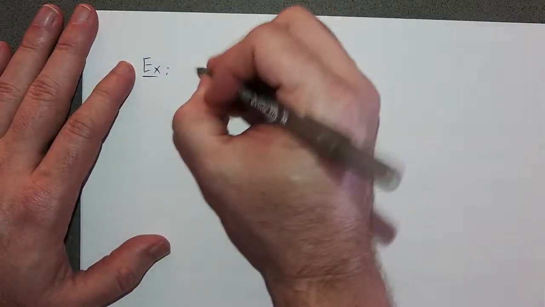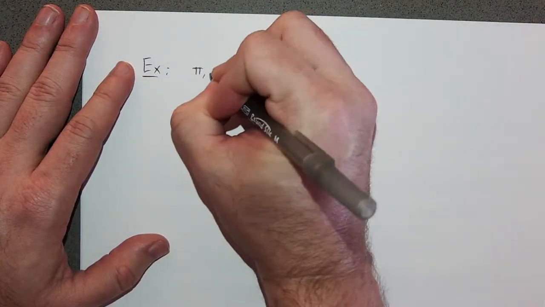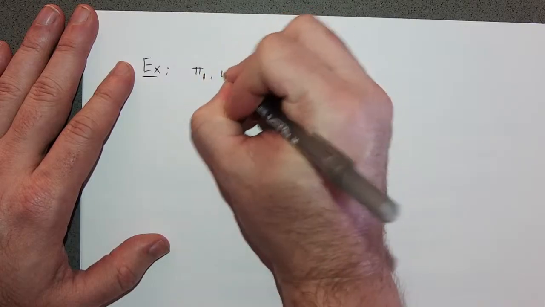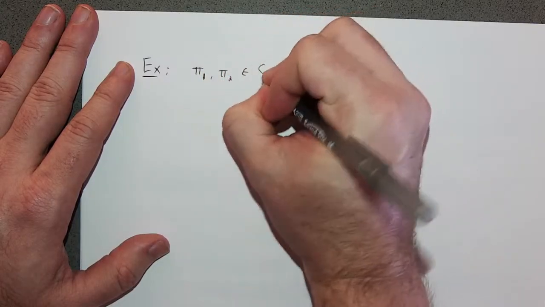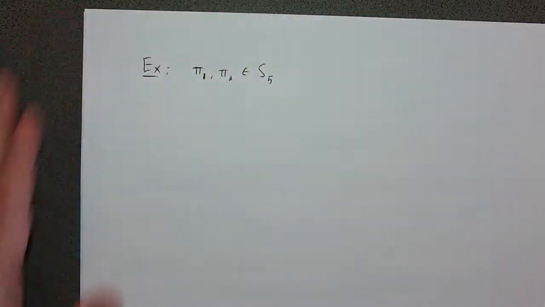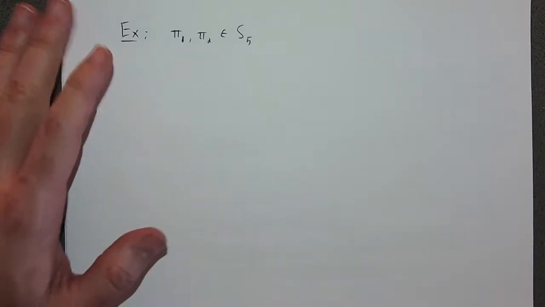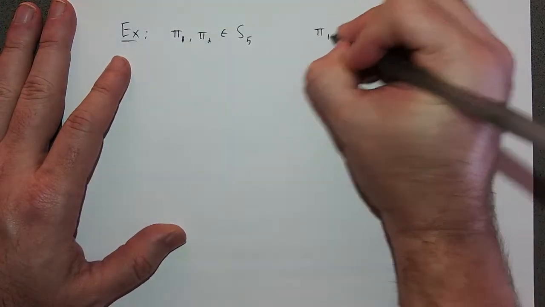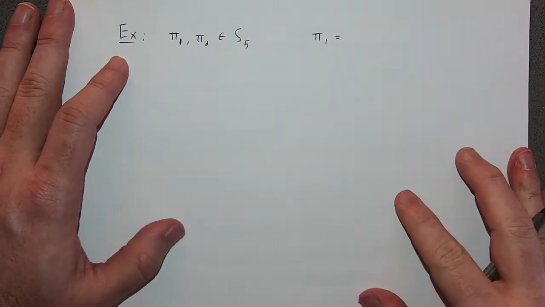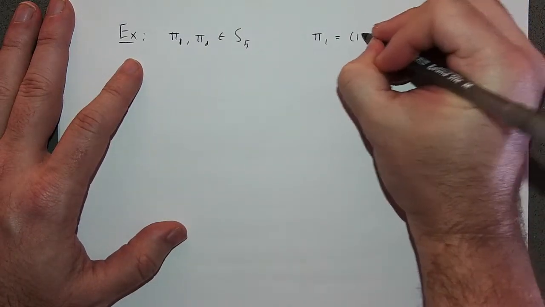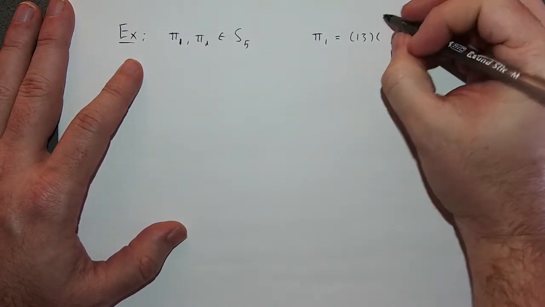Say we let pi sub 1 and pi sub 2 be elements of the symmetric group on 5 objects. We'll let pi sub 1 be, in cycle notation, 1, 3, 2, 5, 4.